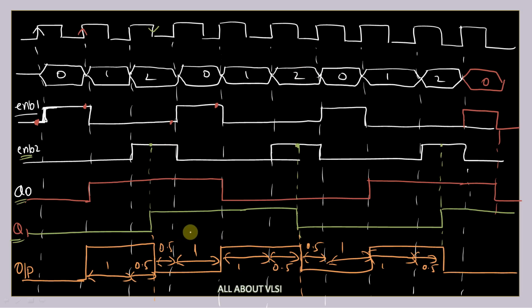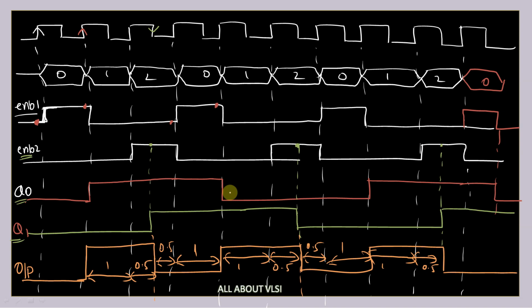And if you carefully observe here, my Q0 value is high for exactly 3 cycles, and it is low for 3 cycles. So here we can observe that I cannot get the output at just any particular edge.